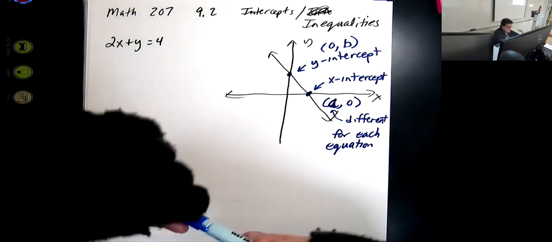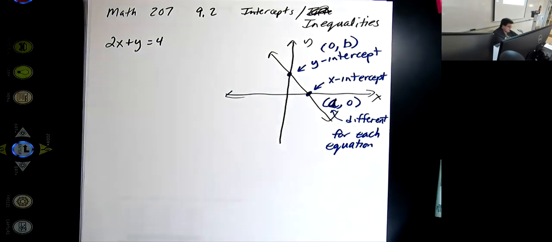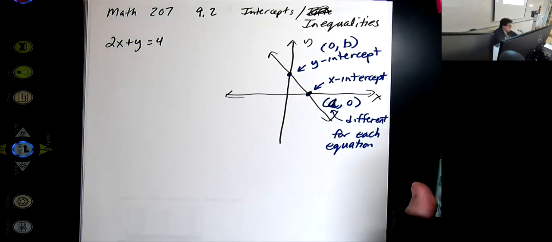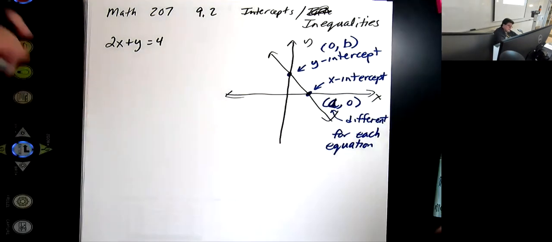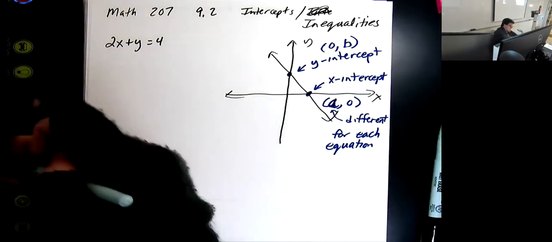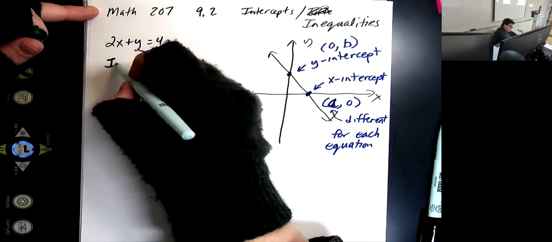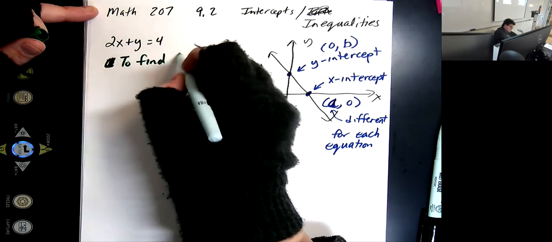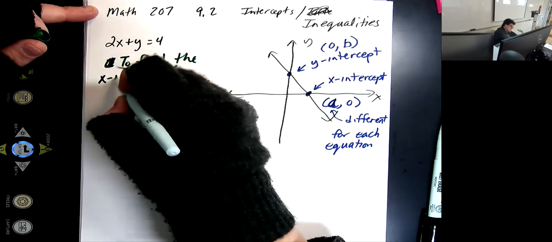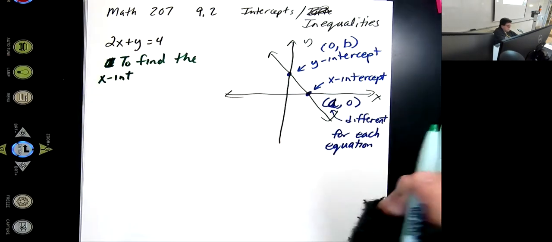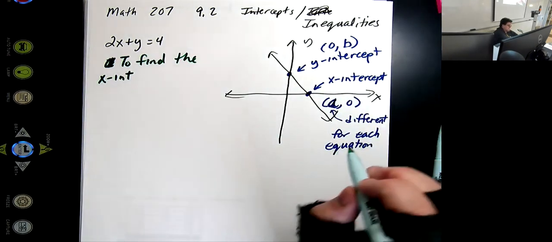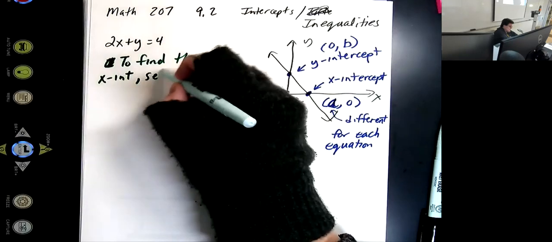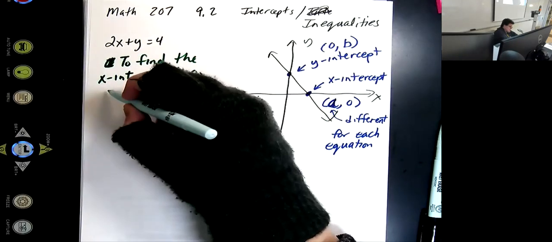What we can sense is that the x-intercept always has a y value of 0. To find the x-intercept, and I abbreviate intercept to int, set y equal to 0 and solve for x.